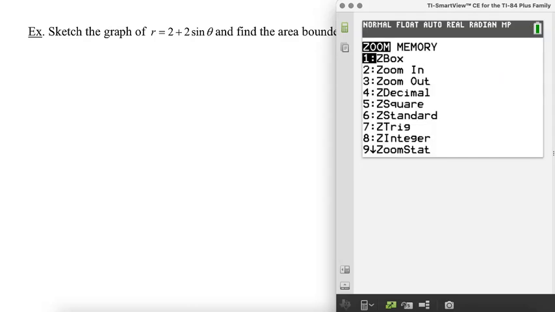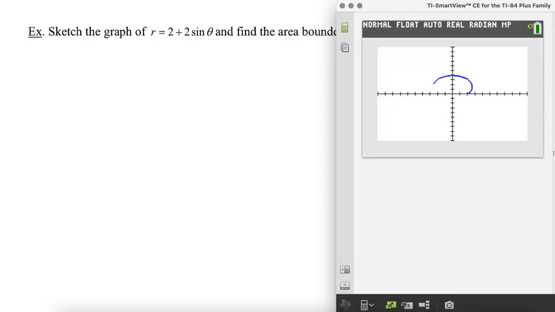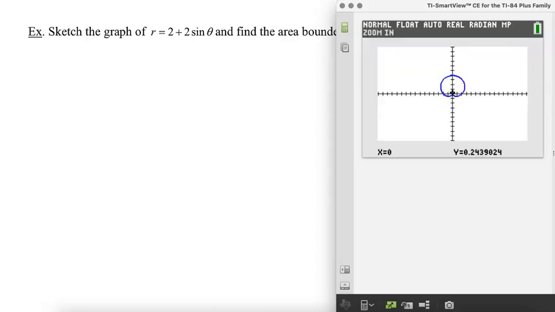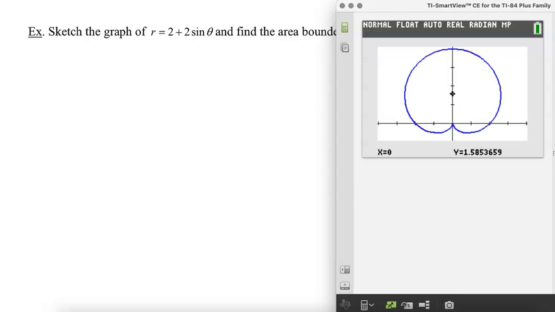I'm going to zoom out again, zoom 5, zoom in. Let's see if I can't center this a little bit better. So notice I'm moving my cursor to the center of the shape. And if I press enter now, then it is a much prettier shape and it all fits in my window.